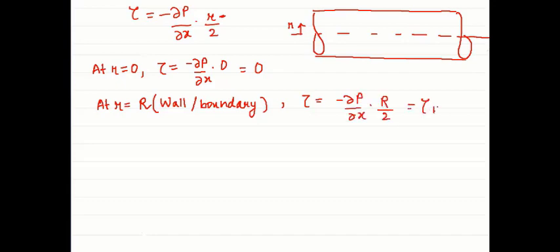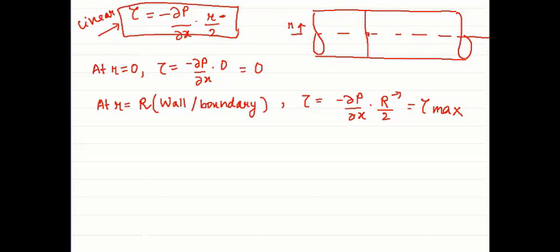This will be the tau max value, because tau is depending upon what? R. And see, the relationship is what? Relationship of tau is linear. This relationship is a linear relationship, right? So let us try to draw the shear stress distribution. At the center, what we got? The shear stress is 0.